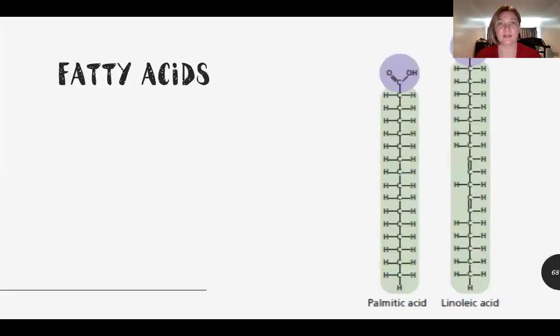Okay, so that was a whole lot of information in a few short minutes, but I'm going to go through all of that. So, one of the basic building blocks for a lipid, remember, we've been talking about these polymers or these macromolecules and looking at how they're broken down into their most basic structure. The fatty acid is one of the most basic structures of a lipid.